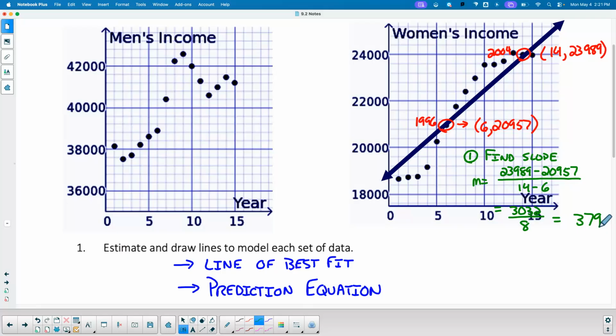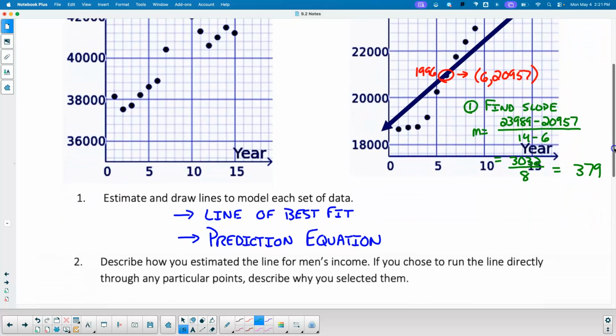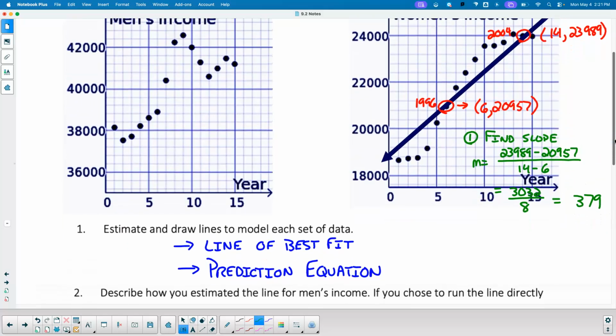Now what? You find a y-intercept. Do I have to find the y-intercept? So with the 379, that's how much it raises every year, because it's positive, right?